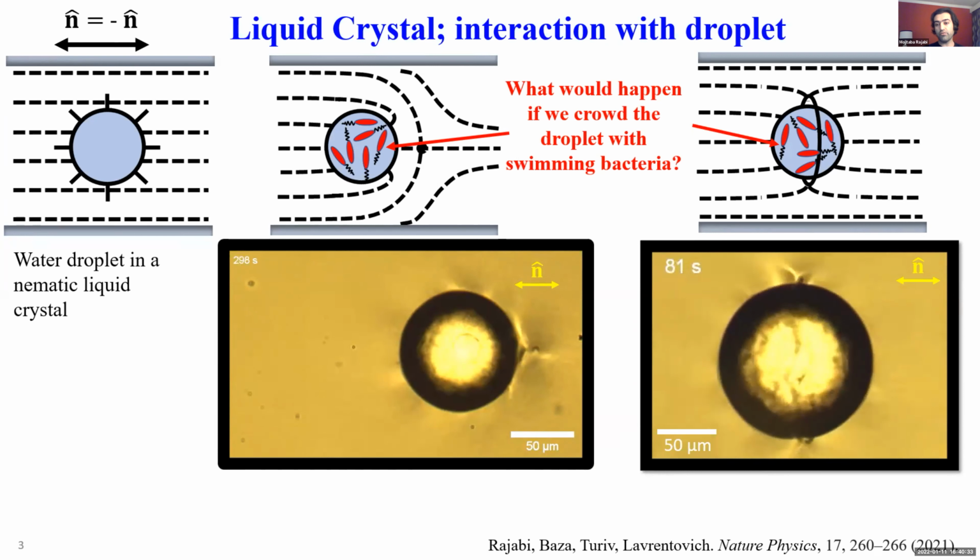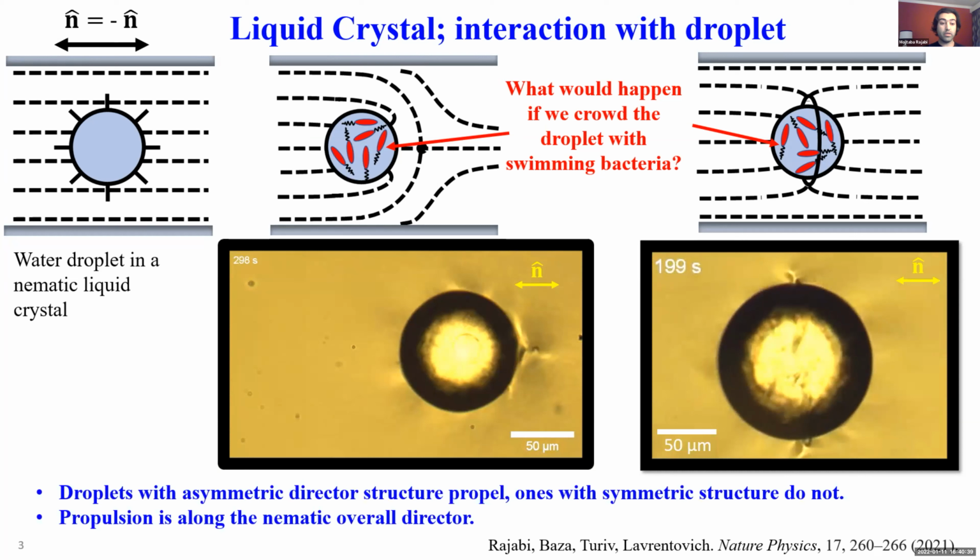And the second configuration, the Saturn ring, however, stays more or less stationary. Two important conclusions here: the asymmetric droplets propel while the symmetric ones do not, and when they propel, they do it along the nematic director.